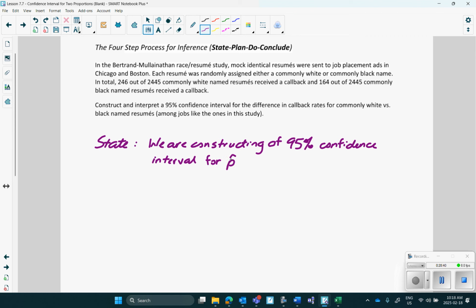P hat 1 minus P hat 2. And you have to define both here, where P hat 1 is the proportion of white names who receive callbacks.